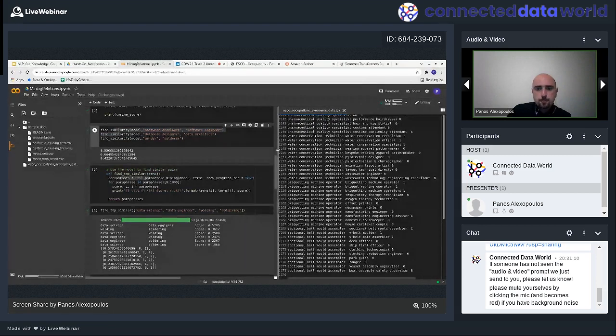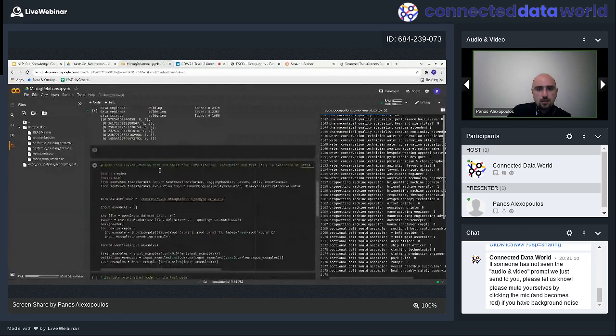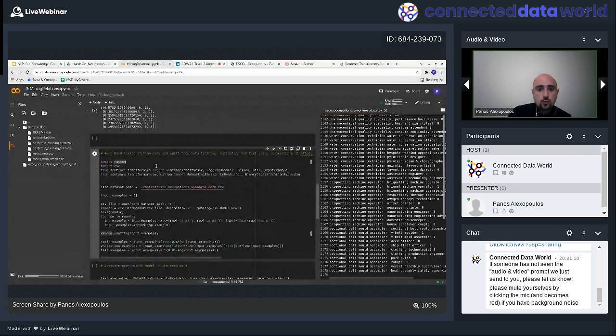So, having that, I wrote some code here to read this file and split it, as I would do in a machine learning project, into a train set, a validation set, and a test set. So I just did a 60%, 20%, 20% split.